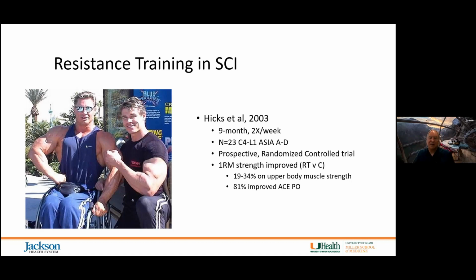Nonetheless, this was a prospective randomized controlled trial that demonstrated 1 repetition max strength improved in those in resistance training versus control groups, with somewhere around 30% increase on upper extremity muscle strength and an 80% increase power output with arm crank ergometry.